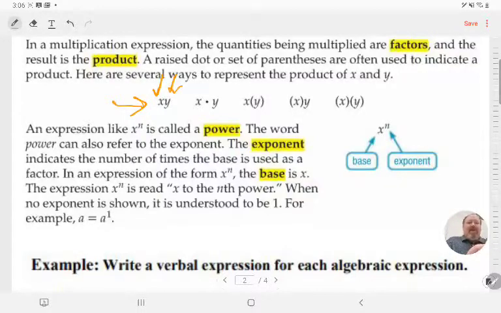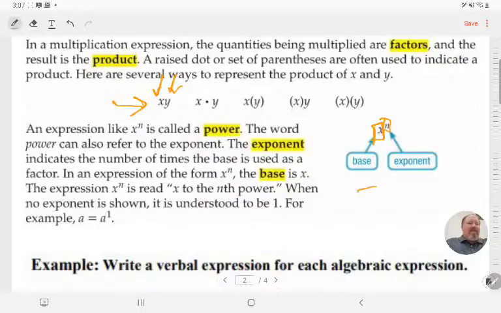All right, an expression like x to the nth power is called a power. The word power can also refer to the exponent. Don't forget, the exponent indicates the number of times the base is used as a factor. In this case, if you have x to the nth power, the base is x and the exponent is n.